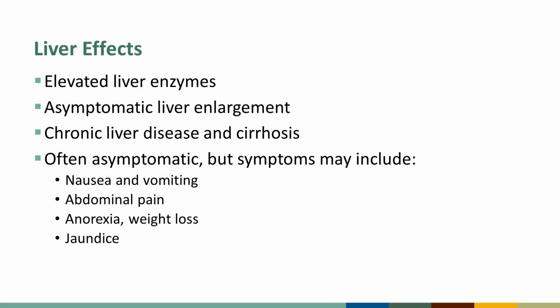The liver is the main site of PCB metabolism, and metabolites are excreted in the bile and urine. Exposure has been associated with elevated liver enzymes and other changes in the liver.